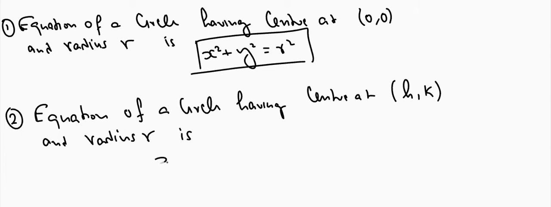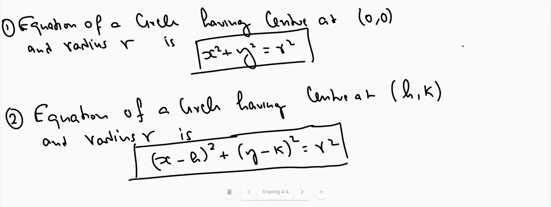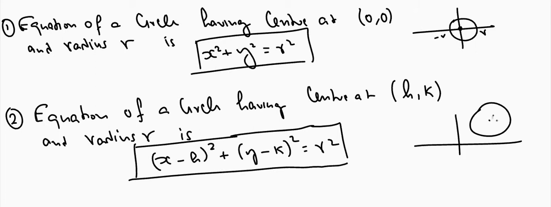It is given by (x minus h) whole square plus (y minus k) whole square equals r square. This is the equation of a circle with center at (h, k) and radius r. The earlier one is the equation of a circle with center at origin and radius r. Here the circle has center (h, k) and radius r. The equation is (x minus h) whole square plus (y minus k) whole square equal to r square.